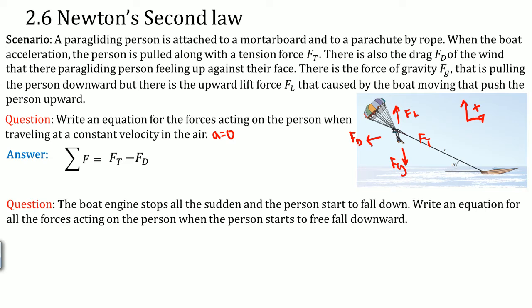So it is minus force drag. Then I have a force gravity, which is subtraction, and I'm going to have an addition of force lift. The paraglider is moving at constant velocity, so this is equal to 0. This would be the equation for the forces acting on the person.